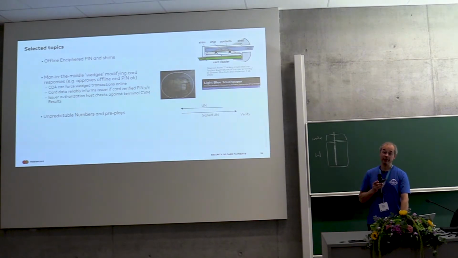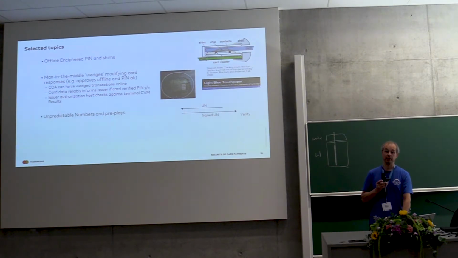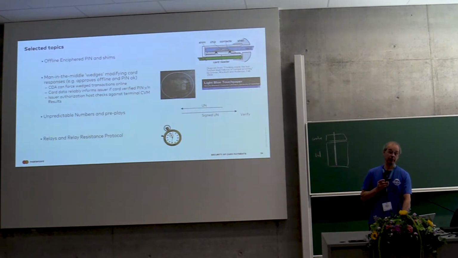And if those unpredictable numbers are not unpredictable, then you can have pre-play attacks. It was found, unfortunately, that some terminals were using date stamps and counters as their unpredictable numbers, and therefore they were subject to attacks. Not good. And EMV has now produced special guidance on that topic, and even designed an algorithm for generating unpredictable numbers.